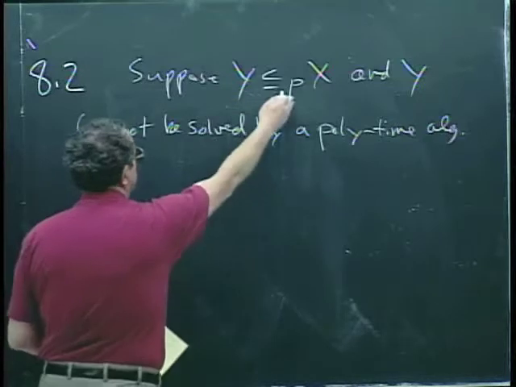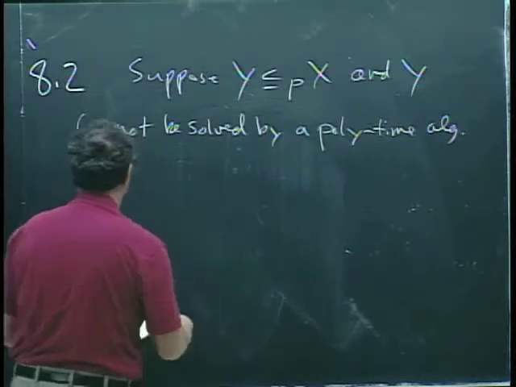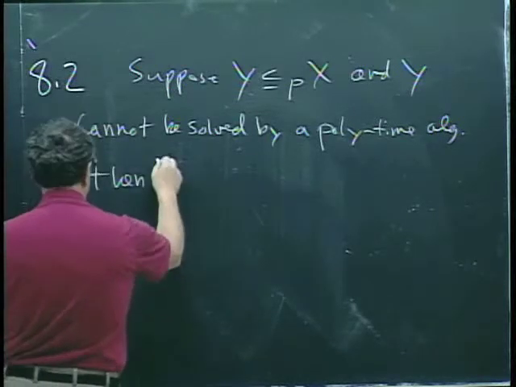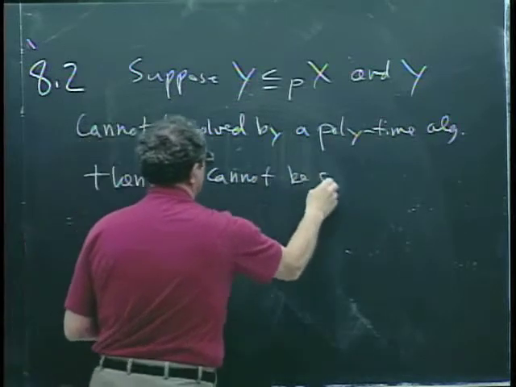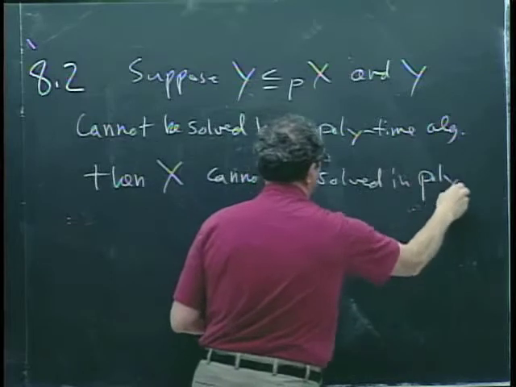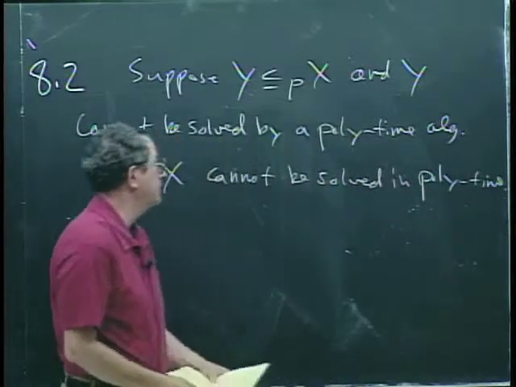But y is reducible to x in polynomial time. So we can conclude from this that x cannot be solved in polynomial time. There's no polynomial time algorithm to solve x either.